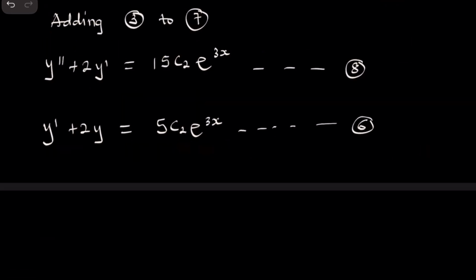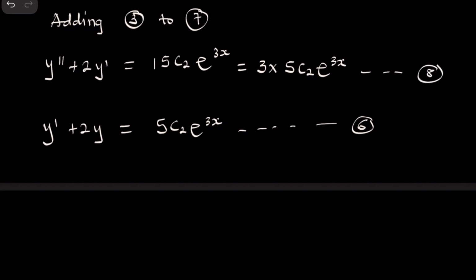When we added equation 2 to equation 4, we got equation 6, right? Now, how do we eliminate c2? From equation 8, we can see that we have 15c2 e^(3x), and we can write 15 as a multiple of 3. So we can rewrite equation 8 as 3 times 5c2 e^(3x).